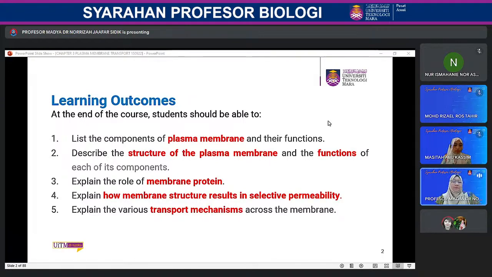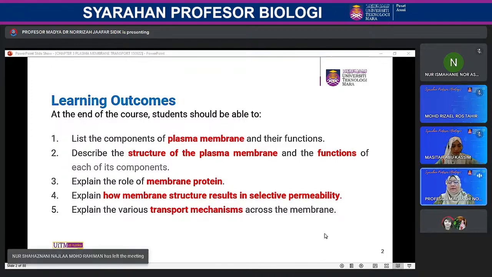At the end of the course, students should be able to list the components of the plasma membrane and their functions, describe the structure of the plasma membrane and the functions of each of its components, explain the role of membrane proteins, explain how membrane structure results in selective permeability, and explain the various transport mechanisms across the membrane. So these are the 5 learning outcomes.